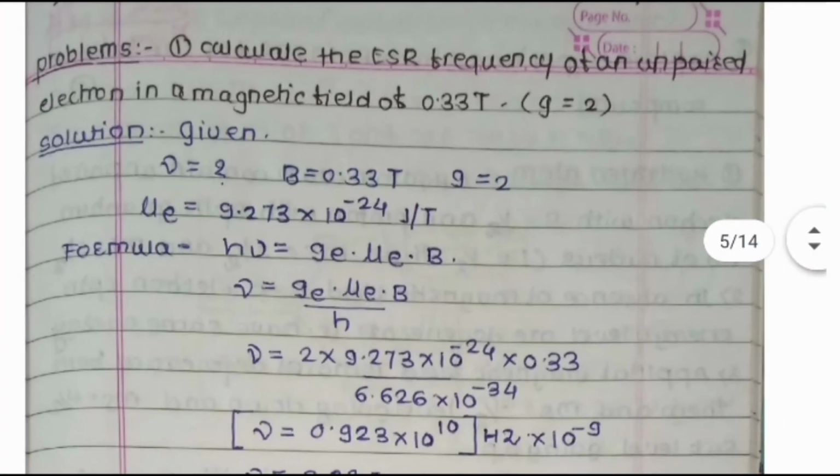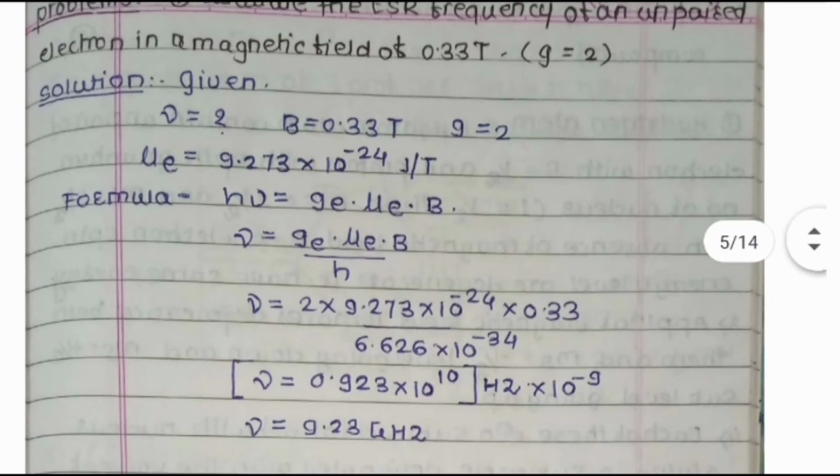The first problem is: calculate the ESR frequency of an unpaired electron in a magnetic field of 0.33 Tesla, where T is the unit of magnetic field strength, and the approximate value of the g factor is given as 2.